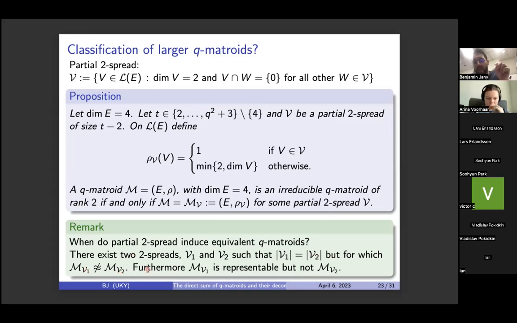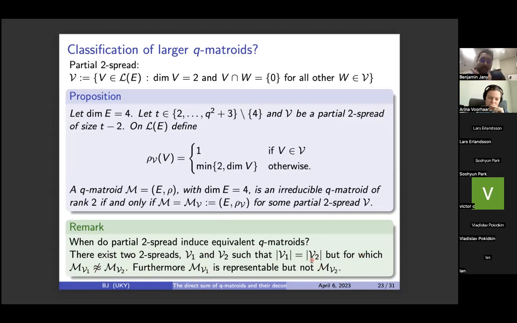The way we were able to find that is that one of those q-matroids is representable, but not the other one. Except for this property, those two q-matroids have the same number of cyclic flats, the same number of flats, the same number of independent spaces, and so on. However, one of them is representable and arises from a matrix, and the other one is not.